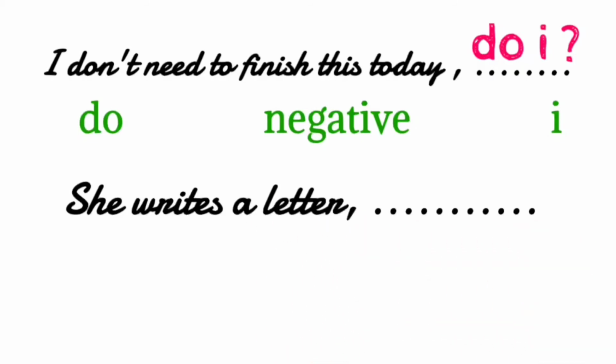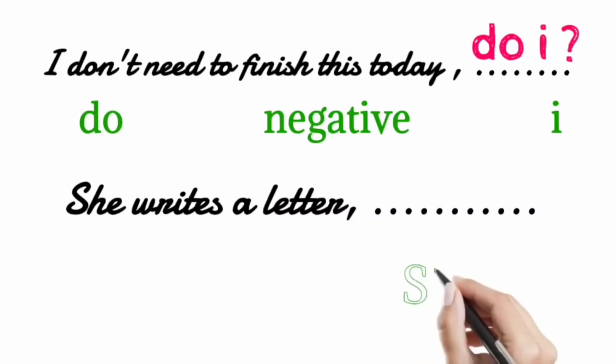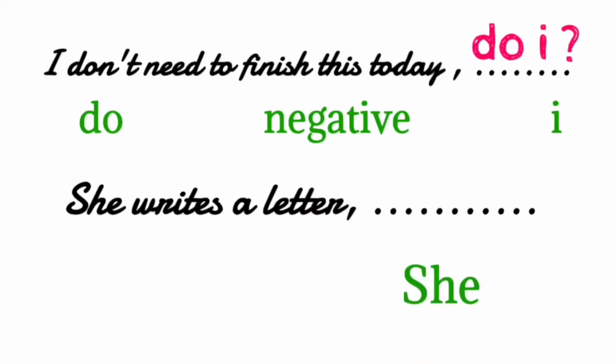Another example, she writes a letter. Here you may not be able to identify the auxiliary verb directly. So first of all let me write the subject. The subject here is she. Then obviously the sentence is a positive sentence. Then the auxiliary verb. Here there is no direct auxiliary verb, but the auxiliary verb is included in the main verb. So which is the main verb? That is writes.